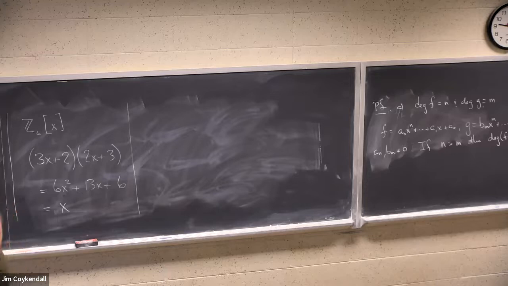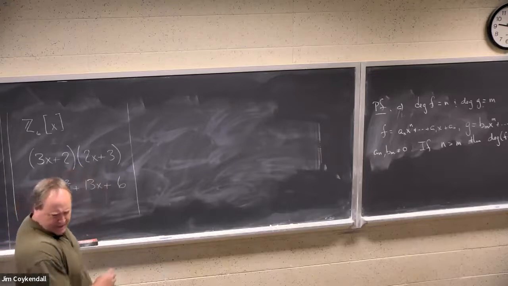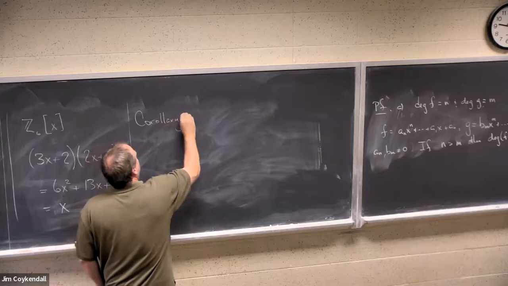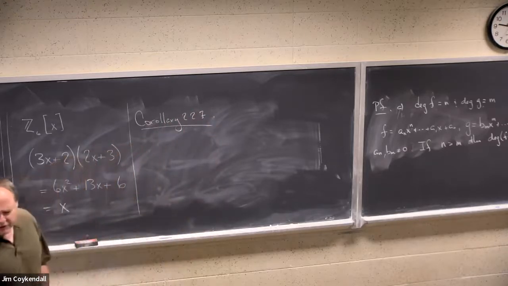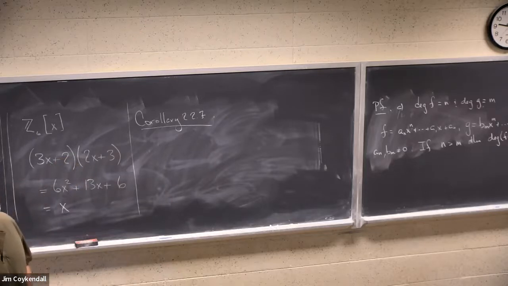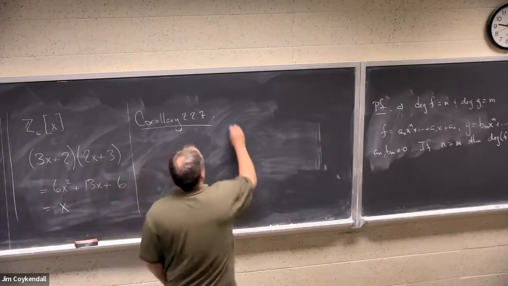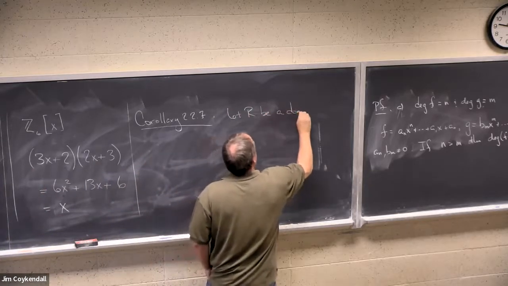So here's a nice corollary of this last bit. Corollary. And this is very much in contrast to the power series ring, which we talked about and will formalize a little bit later.